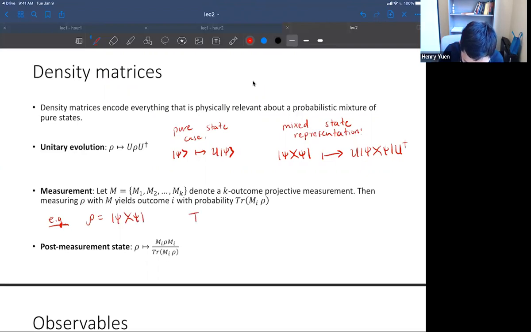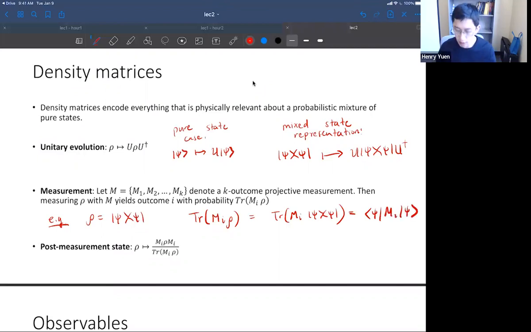Then what is trace of Mi rho? Well, this is trace of Mi with the pure state psi. But in your homework, you're showing that this is equal to this matrix Mi sandwiched by the vector psi, right? But what do we know about this matrix Mi?